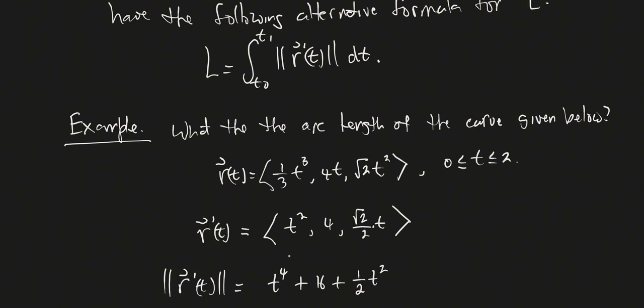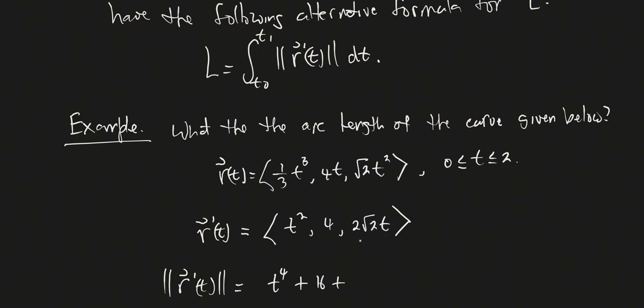Oh, wait a second. I think I made an error here. Why did I divide by 2? I should multiply by 2. Yeah, so the third component of the derivative is 2 root 2 t. There we go.